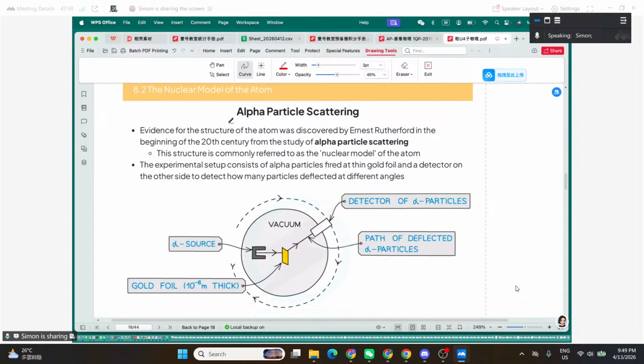It is the alpha particle scattering that proves the structure of the atom. The scientist is Rutherford, who discovered the evidence for the structure of the atom.